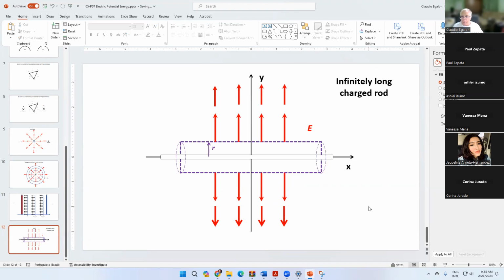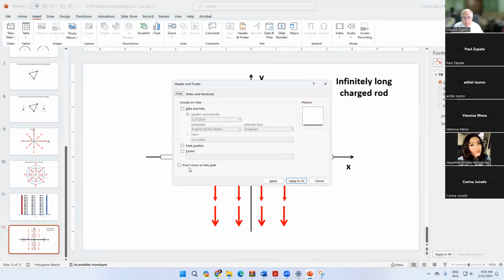And then what we have here? Here is going to be one equipotential. Here is going to be another equipotential, and so on. And I want to take this one out. It's better, so you have a better drawing.